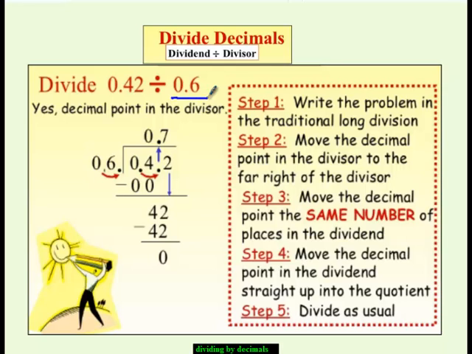It has only one number after the decimal, so I'm going to multiply by 10, here by 10 and here also by 10. I'm going to move the decimal one step to the right, so the divisor will be 6, and here the number will be 4.2.